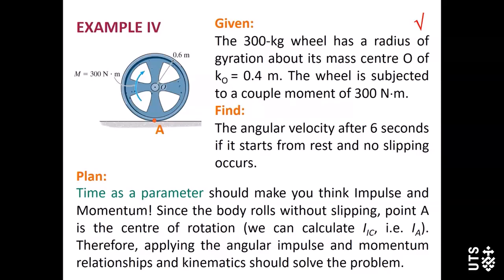Mass is not uniformly distributed in this wheel, but we know the radius of gyration about its mass center point O, KO, is 0.4 meter. This wheel is subjected to a couple moment, 300 Newton meter.